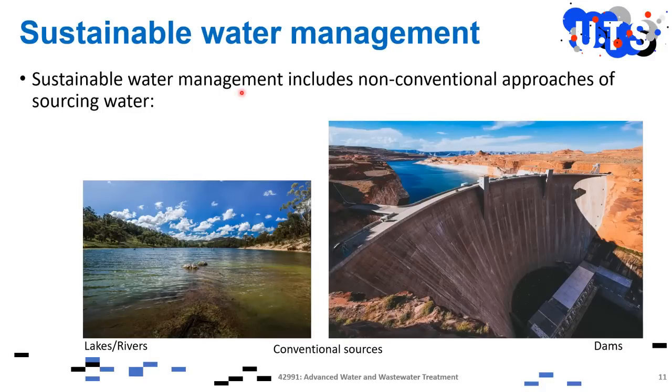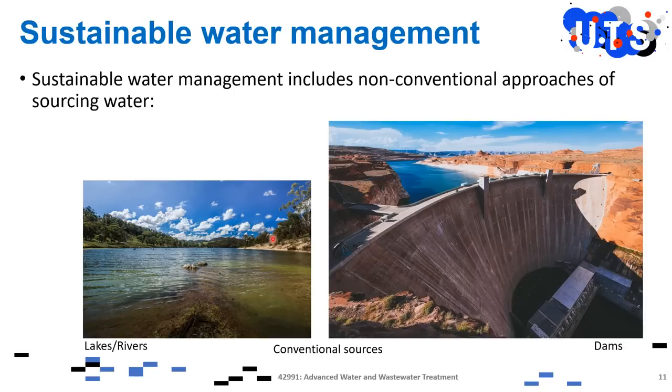So as a way of sustainable water management, we need to include some non-conventional approaches, as I mentioned. Conventional sources would be, right now, dams as storage for water or reservoir, and then some lakes and rivers as a natural reservoir as well.